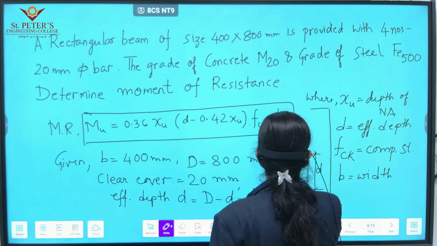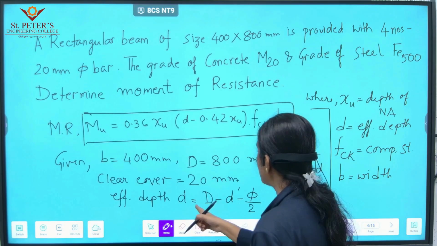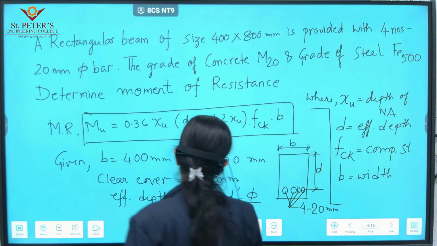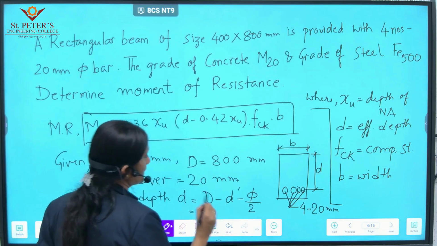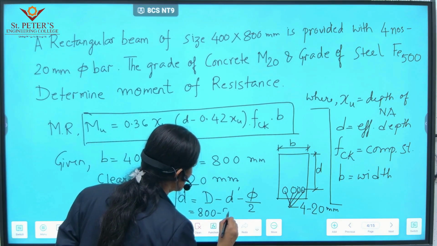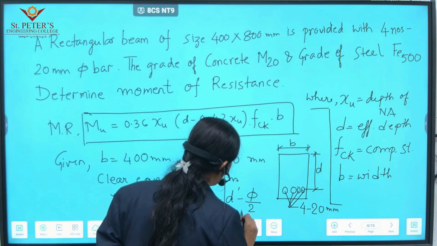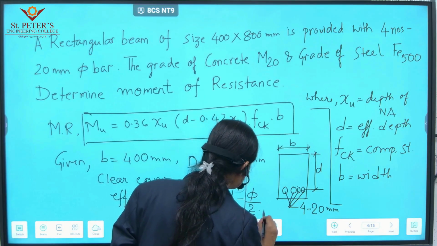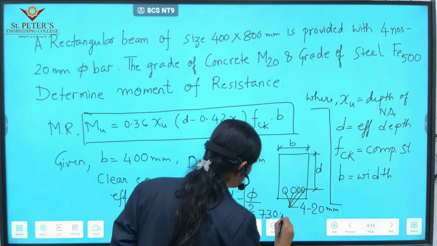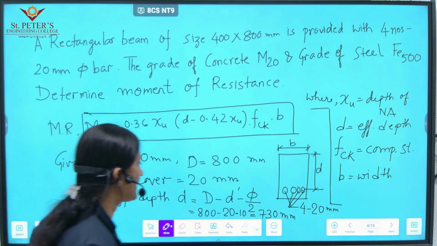And this is b. The overall depth capital D is given as 800. Clear cover we have considered as 20, and 20 dia by 2 is 10. So it gives us 730 mm. 730 mm is the effective depth.